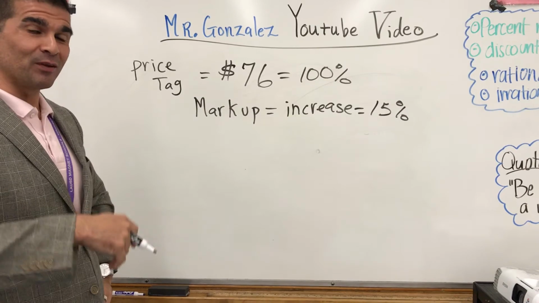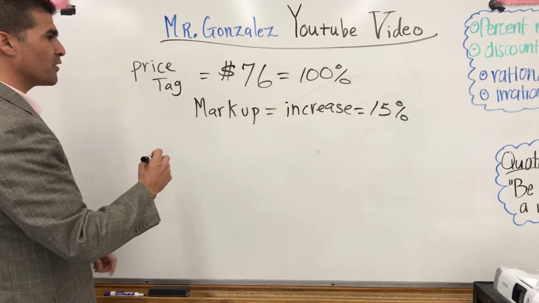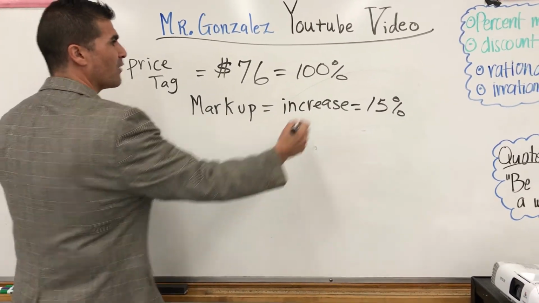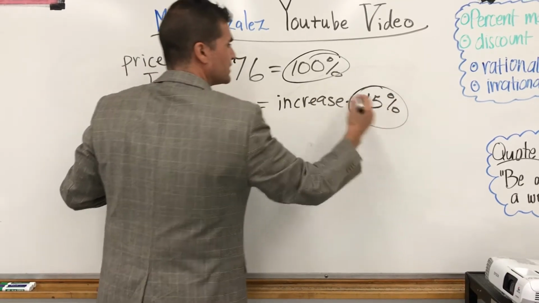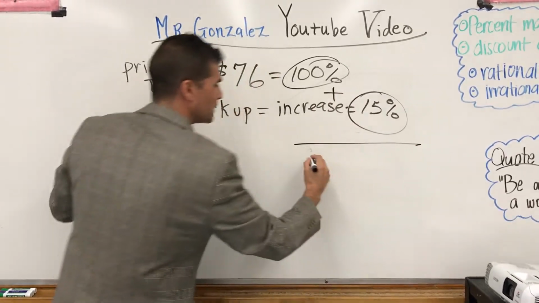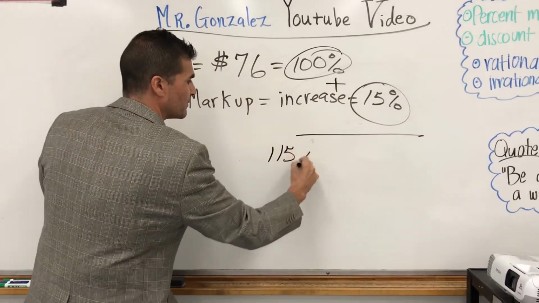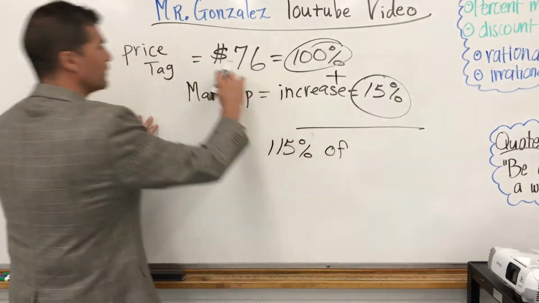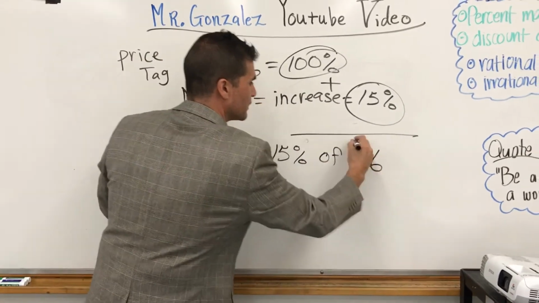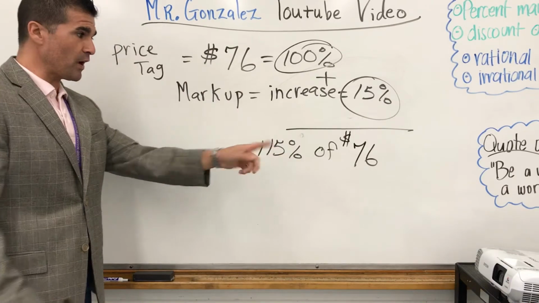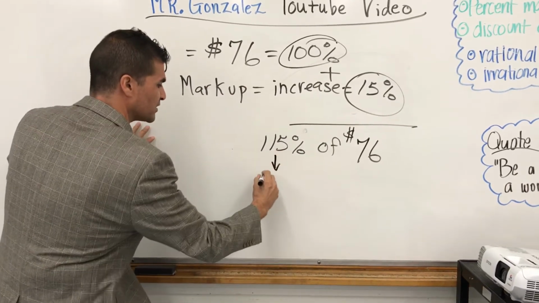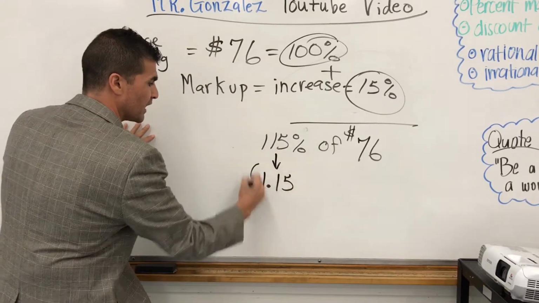Okay, once again, I'm hoping you guys paused the video. And now you're going to say, let's see. If I have this plus this, this is going to be equal to 115% of $76. This is going to be written as a decimal, 1.15.